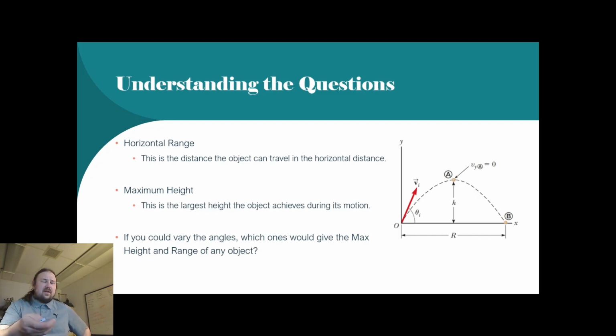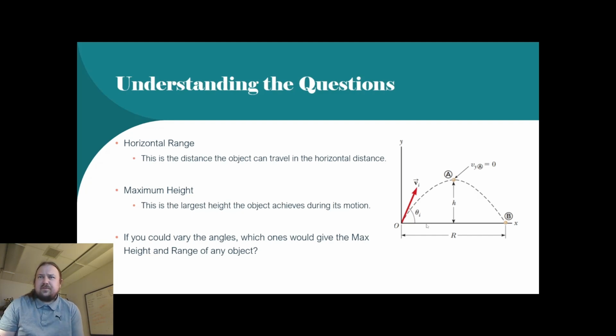There is a split-second point where it leaves my hand, it comes up, it stops, it changes direction, and then it starts falling back down. That split-second point where it stops to change direction, that is the highest point. And at that point, the velocity in the y direction is 0. It went from positive to negative, and it has to pass 0 in order to do that. Okay, so those are things you might see. Range, maximum height.